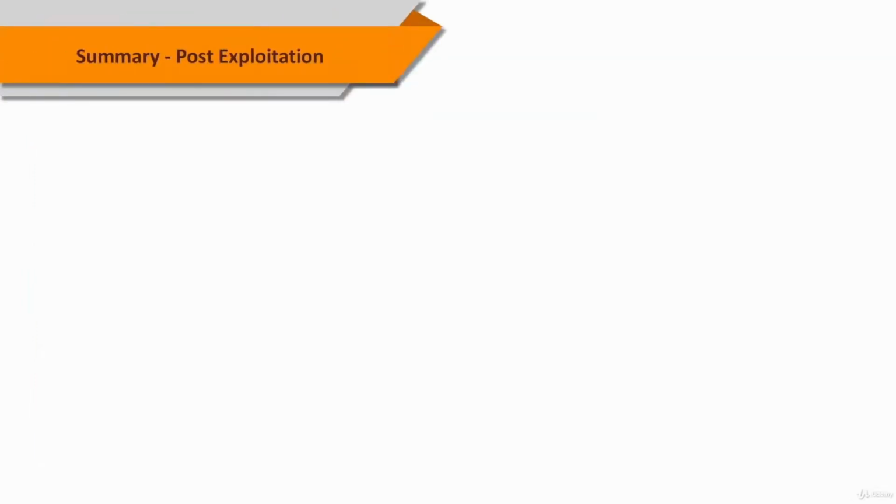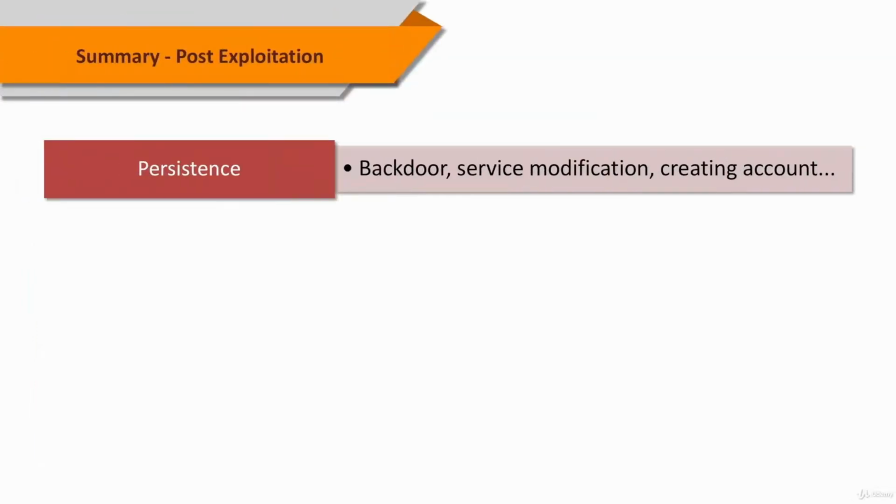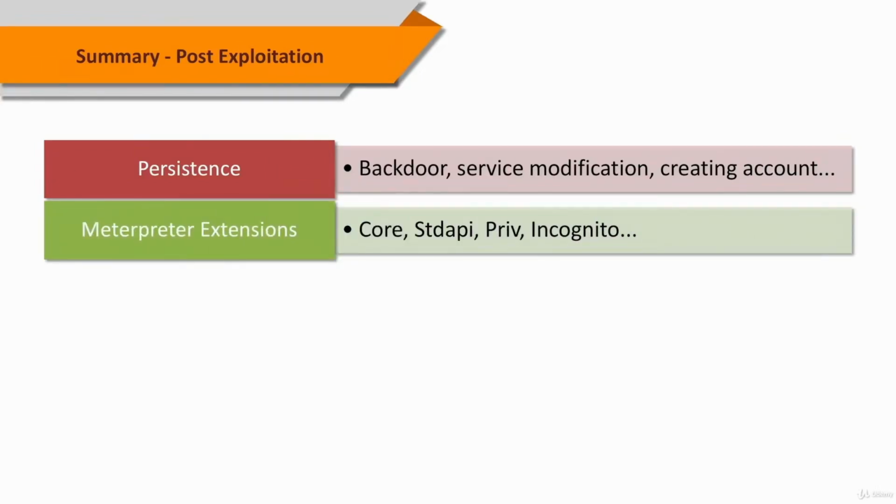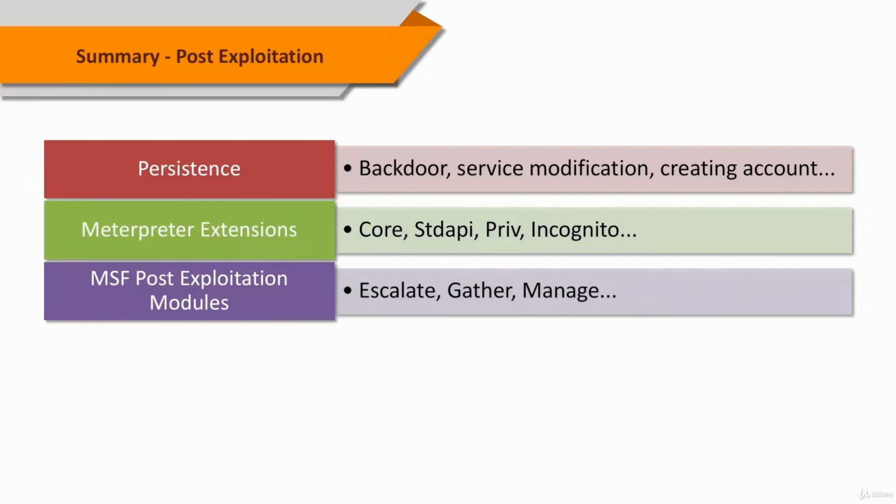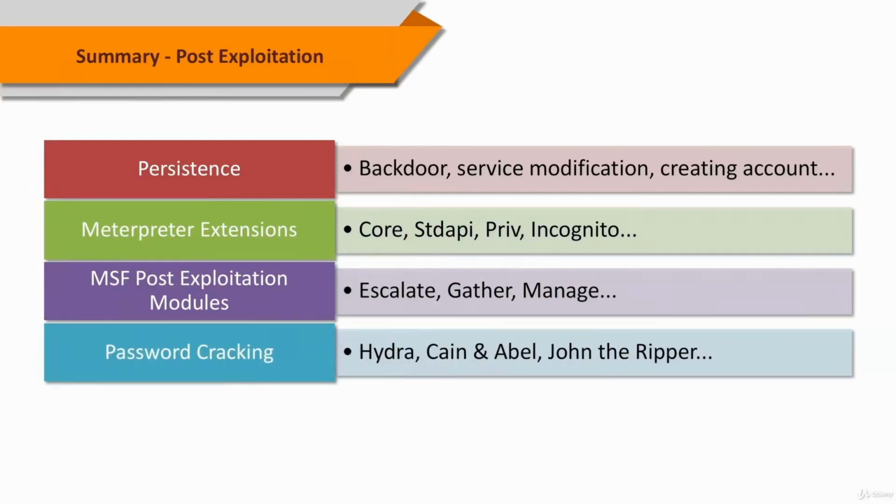And these were the lectures of the post-exploitation section. How to persist in the exploited system, what we can do within the meterpreter session, hash dump, keystroke dump, taking screenshots, and much more. Some more post-exploitation modules of Metasploit framework.